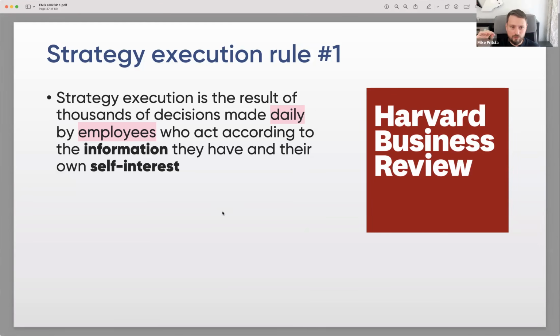So if you want the strategy to be executed, I mean, to be realized, to be implemented, you need to share it with your employees, to teach your employees what it's about, and to align their own interests with the strategy via reward system, via behavior management system like company culture or competency models, remuneration, and so on.